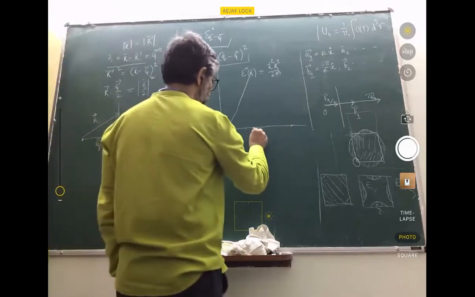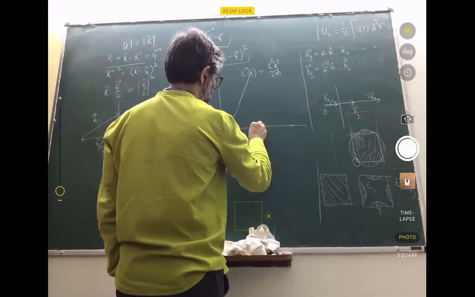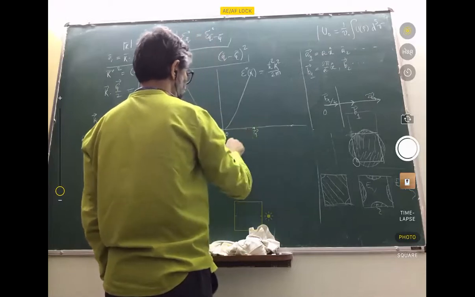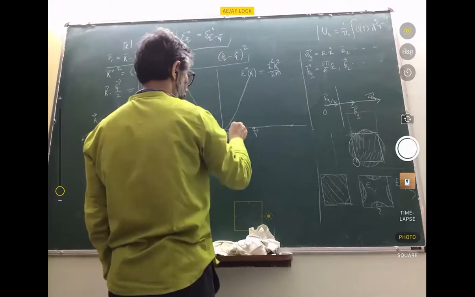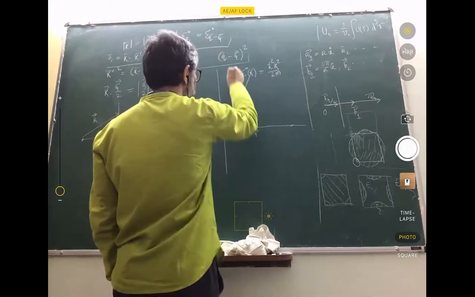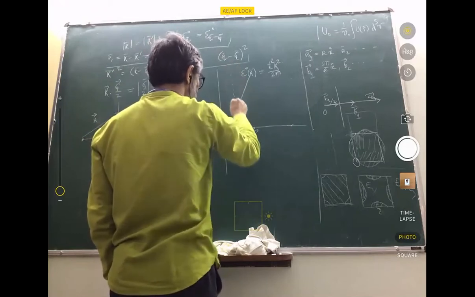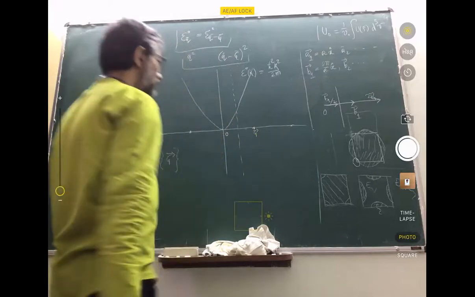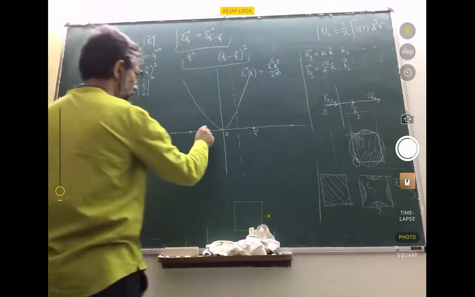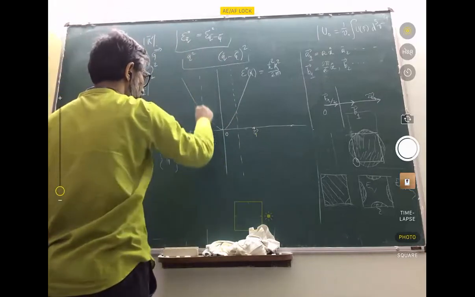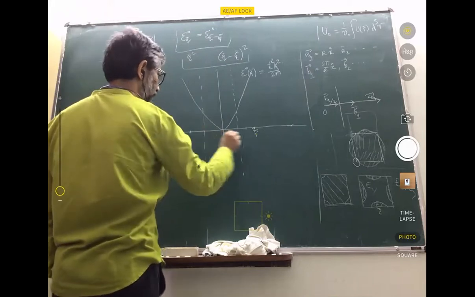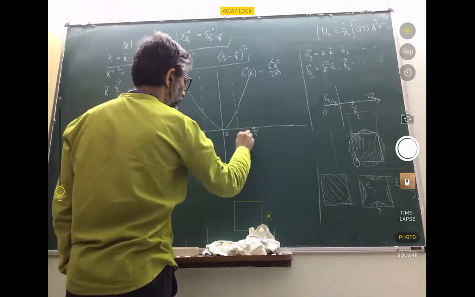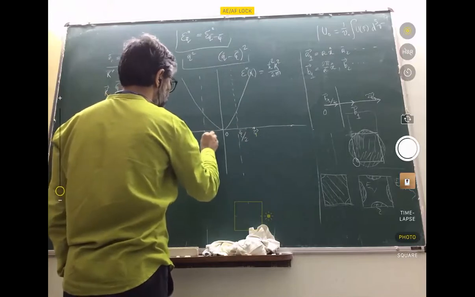So if this is G, halfway to this is where I have a Bragg plane. Similarly, halfway to this, I have a Bragg plane. So this is G by 2. This is minus G by 2.